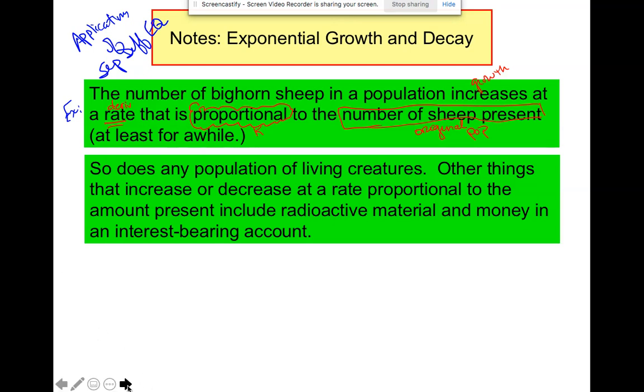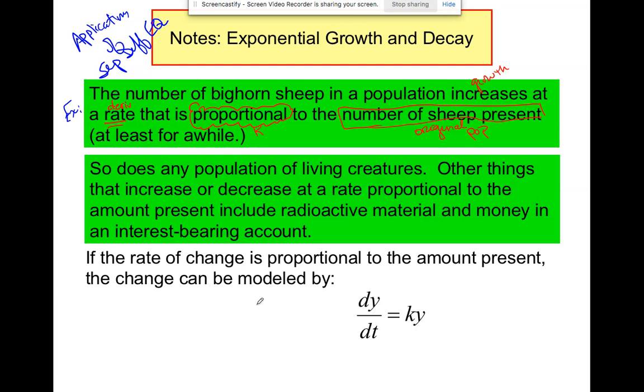So what that equation looks like is this. This is a differential equation. How do I know it's a differential equation? It has a derivative in it. It is a derivative with respect to time. There is a constant of proportionality.